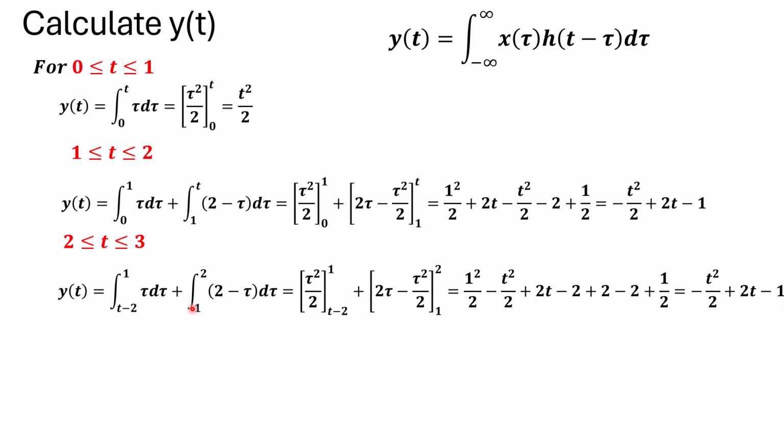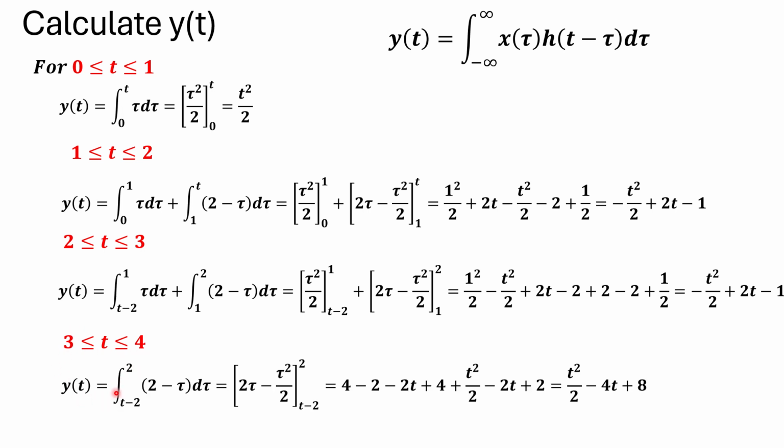So if you see here, for both these ranges of t, that is from 1 to 2 and 2 to 3, we get the same expression, minus t square by 2 plus 2t minus 1. Hence we can combine the limits of t. Next, for t ranging from 3 to 4, y of t is equal to the integral from t minus 2 to 2 of 2 minus tau d tau. When we integrate and substitute the limits, we get t square by 2 minus 4t plus 8.